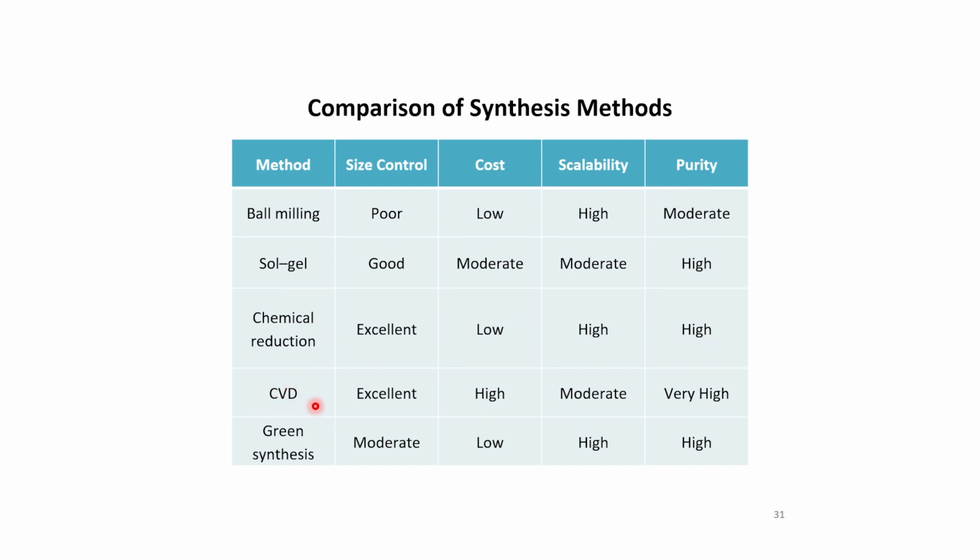Then CVD, chemical vapor deposition: the size control is excellent, cost is high, the setup and the resources used are very expensive, scalability is moderate, purity is very high. Then for green synthesis methods, size control is moderate, cost is low, scalability is high and purity is high.